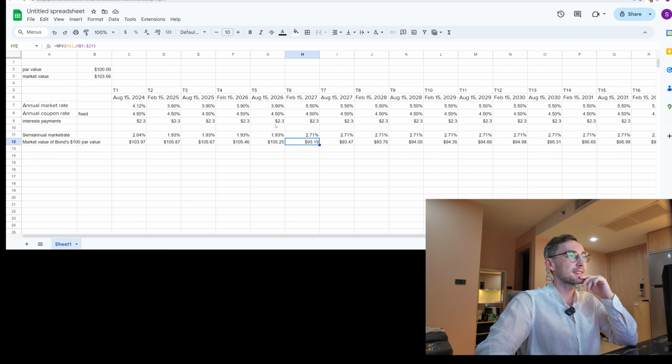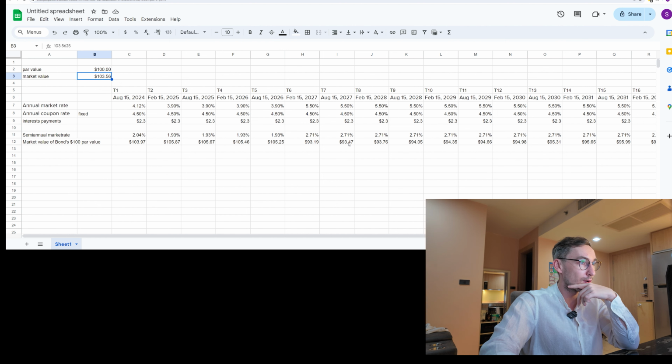So I'll still be getting these interest payments, but if I decide to sell in February 15, 2027 with a market rate of 5.5, the price will be $93, not 103 like now. So I'll lose $10 per every $100. Taking into account I have 9,000, I'll lose $900 just on the market price of that bond.